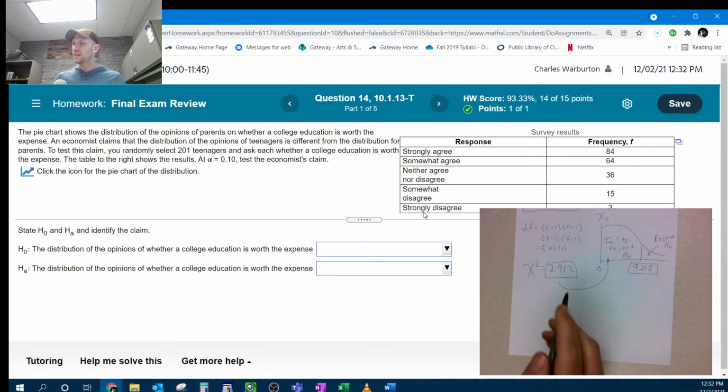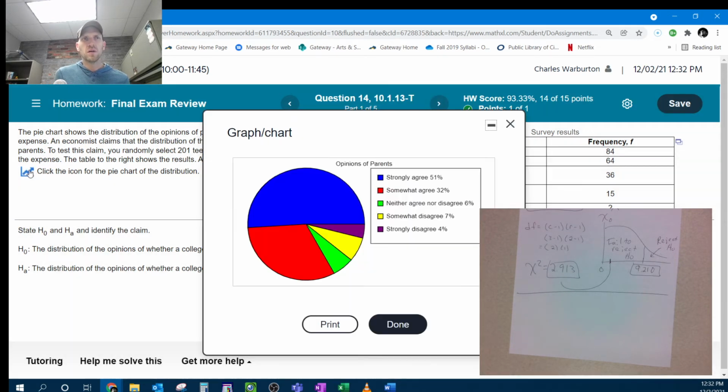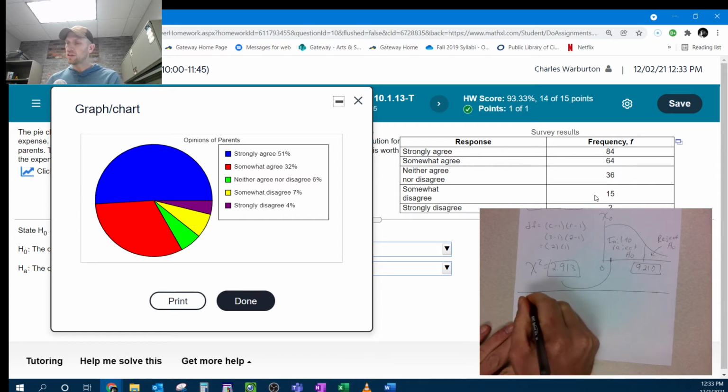Where you think that we got 2 different models. One model is from what we expect to happen, right? We expect the parents and the teenagers to be the same. That's the null hypothesis.